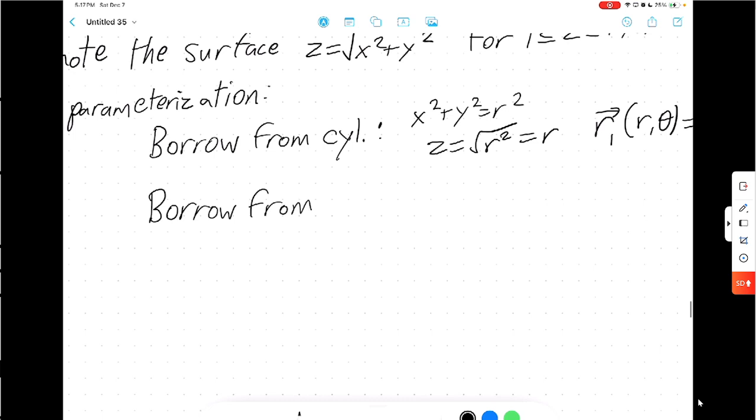Let me see, can I borrow from spherical or not? Sometimes you can, sometimes you can't. Because this is just a phi equals pi over 4 situation.